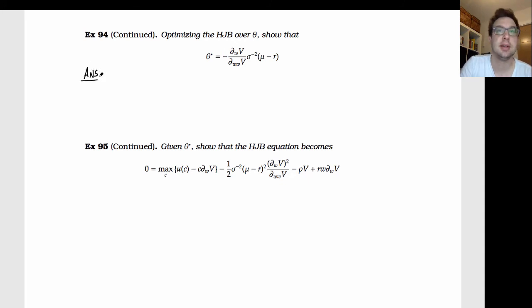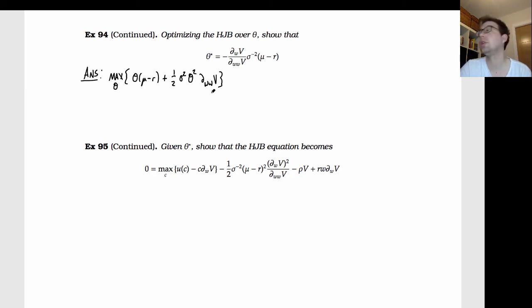Let's do the answer to that. Remember that from the HJB equation, the part that involves theta was the maximization of theta times mu minus r plus a half sigma squared theta squared, and then the second partial derivative of V. Let's just maximize that, and note that typically we'll expect this value to be negative.